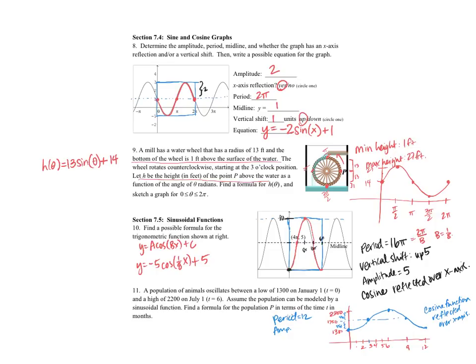Okay, and so the amplitude is 450, and the vertical shift is up by 1,750. Okay, and so I think we're ready to write it down now.